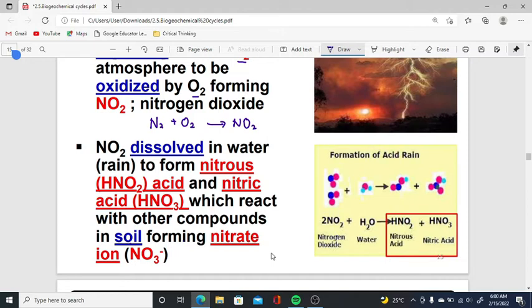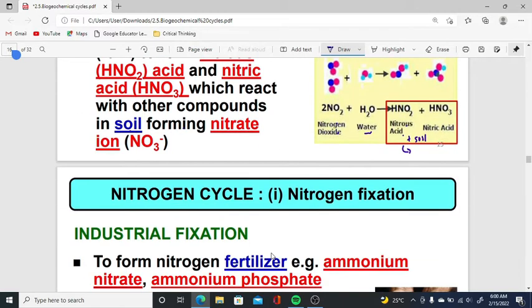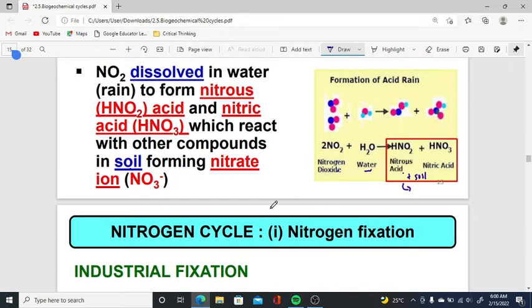So nitrous dengan nitric acid ni dia akan react dengan other compounds in soil, nanti dia akan membentuk nitrate ion. Okay, so nitrate can be used by plant.